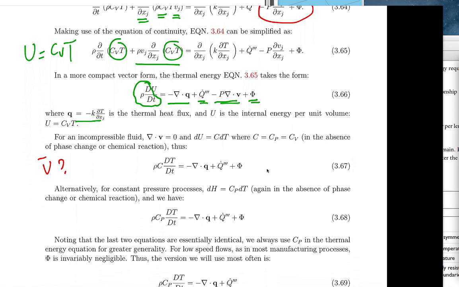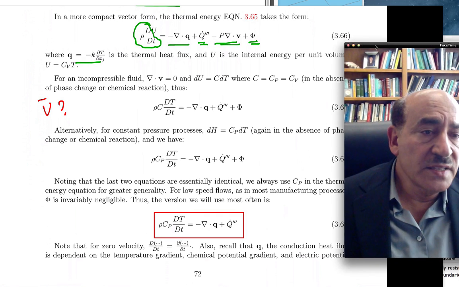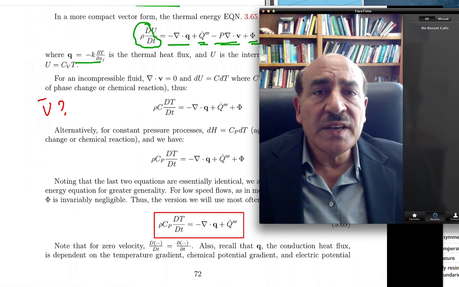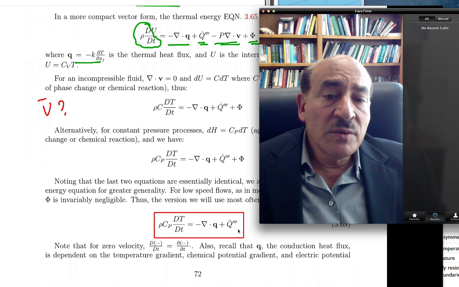Moreover, if we assume that the viscous forces are small and negligible, then we finally get the equation for thermal energy by itself: rho times C_P times the material derivative of the temperature equals minus the divergence of Q plus the internal heat generation inside the material.